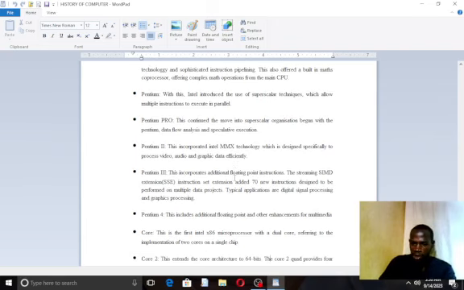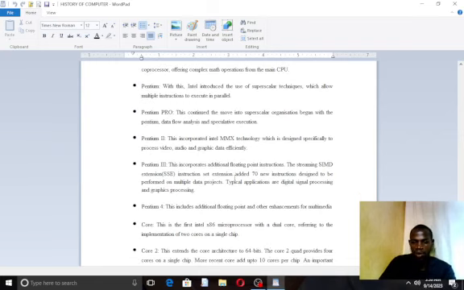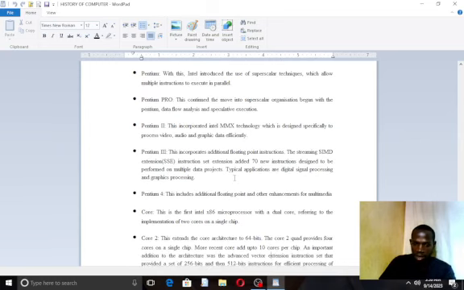Typical applications are digital signal processing and graphics processing. Then another one is the Pentium 4, which includes additional floating point and other enhancements for multimedia.